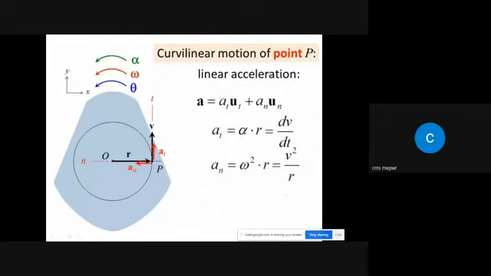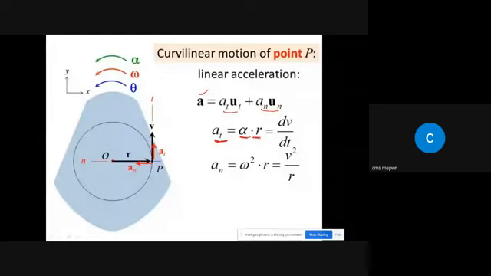Okay, so we can write the linear acceleration as a combination of the tangential component and the normal component of acceleration. And we know that the tangential component is equal to the angular acceleration multiplied by r, similar to the previous one in which we had v is equal to omega r.